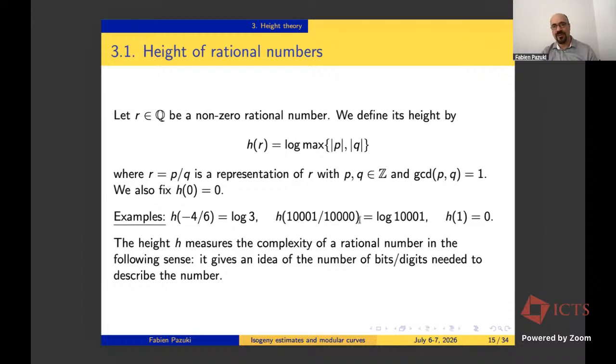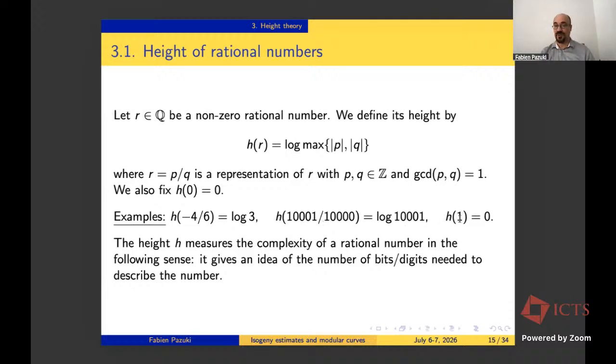So the complexity of a rational number is not only its absolute value, its estimate as a number on the real line, if you want. It's a little bit more than this. If you want to explain to a computer what this number is precisely without any approximations, you kind of need a lot of digits. So that's the idea a little bit behind this height.